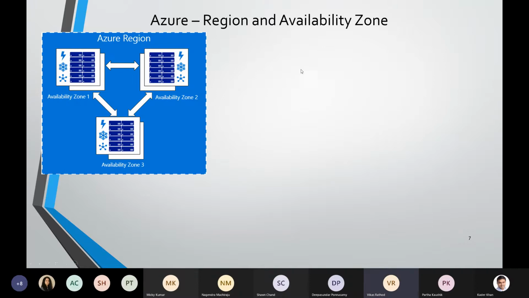So suppose this is the Canada Central AWS region, and there are 3 availability zones, and as I said, it is powered and has a cooling system, and it has a great networking ability to connect with each other.